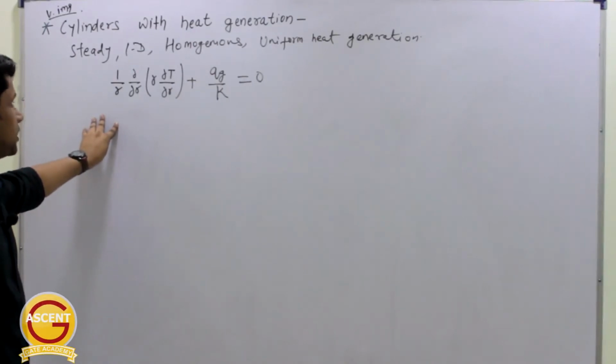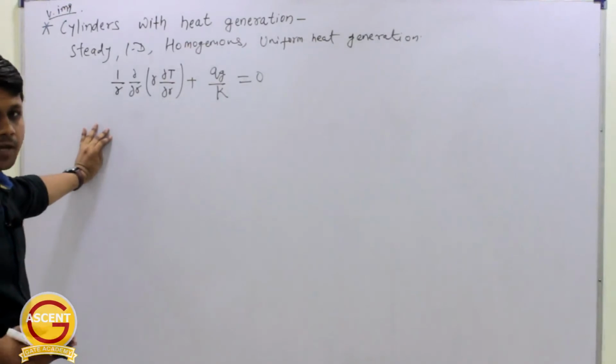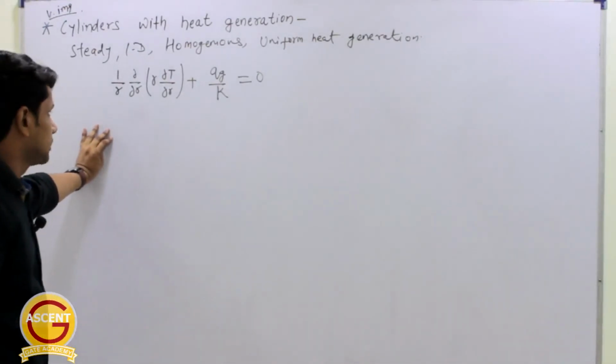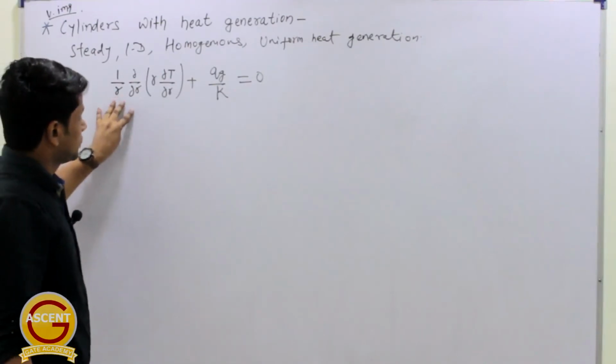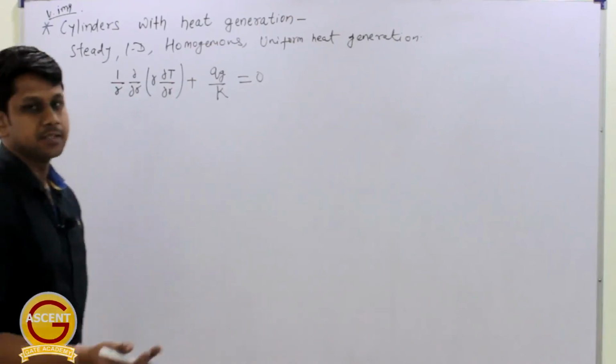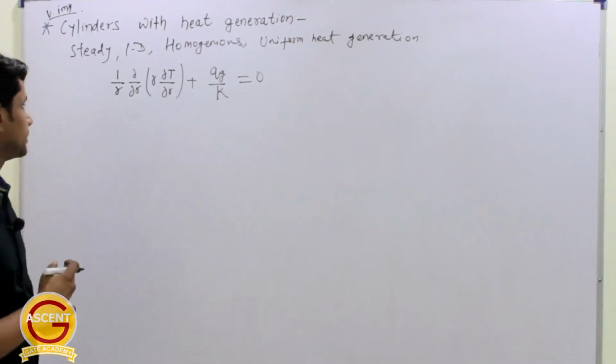Now based on this equation, we are going to develop an equation for temperature profile and temperature gradient in cylinders, okay. So for that we will just integrate this equation twice like we did in plane slab, and we will get the equation of temperature profile and temperature gradient.